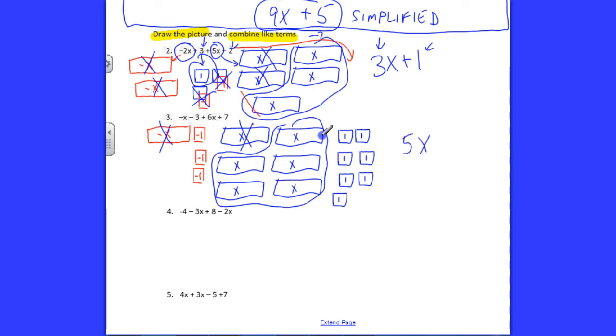Now, this negative 1 and one of the blue ones will cancel. It's a 0 pair. That cancels with another one, and that cancels with another one right there. And I'm left with this. 1, 2, 3, 4. So I have 5x plus 4. And that's my solution right there.